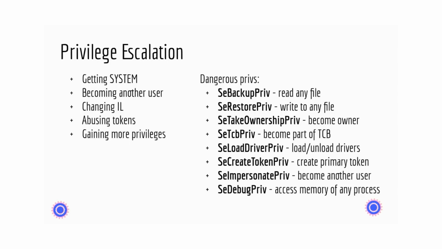And talking about the latter, there are some so-called dangerous privileges which can be misused to break out. These are backup, restore, debug, create token, load driver, take ownership, and TCB, or trusted computing base, privileges. If you have one of those, you could potentially become a full system process, and we will cover some more advanced techniques describing how to do it.